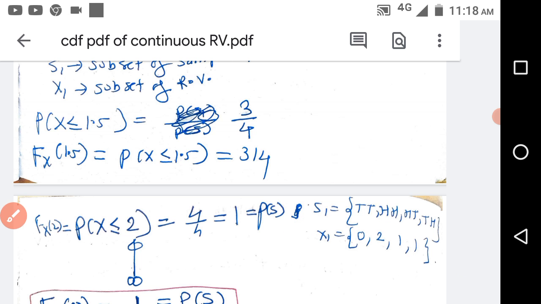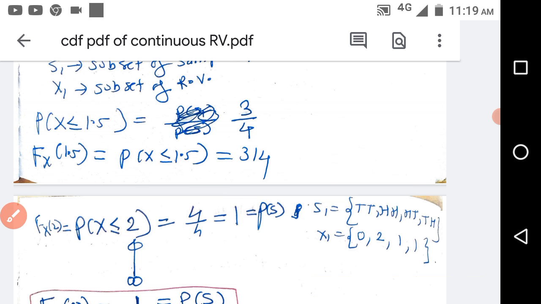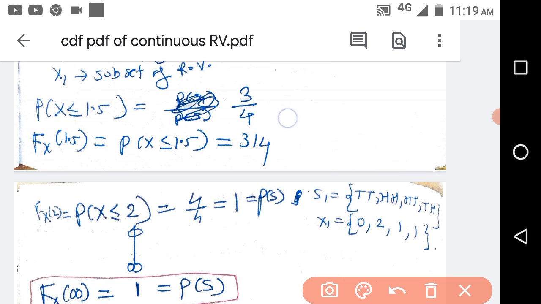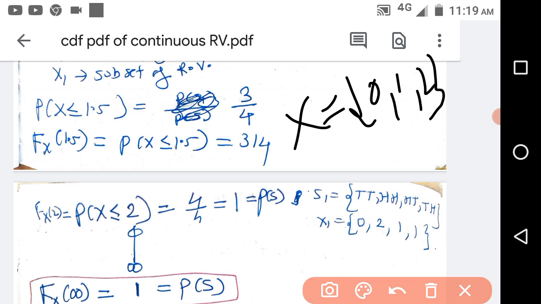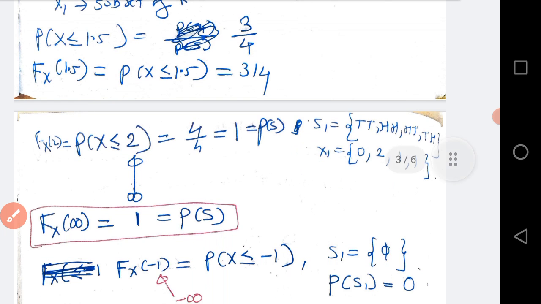Here the favorable outcomes number 4 and total outcomes are also 4, so the probability is equal to 1. Here the random variable takes the values 0, 1, 2. The maximum value of the random variable is 2, so we consider it as infinity. Because infinity is not defined, in this set infinity is 2.